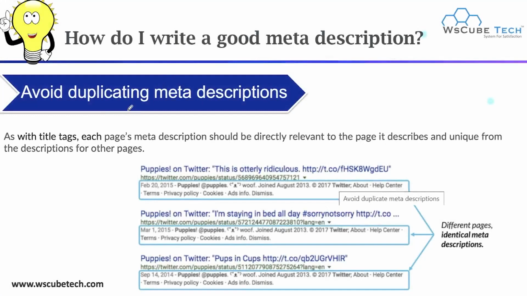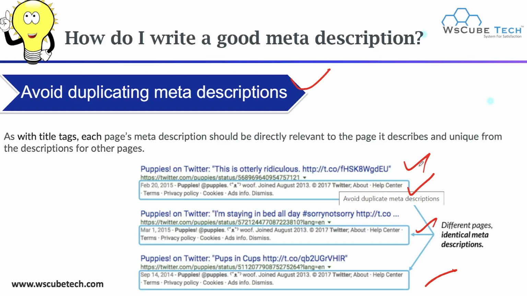Now you have to avoid duplicating meta descriptions. In this example, as you can see, we have different pages here, but for all the different pages, we have the same meta description. This practice we have to avoid. We have to use a separate meta description for different pages.